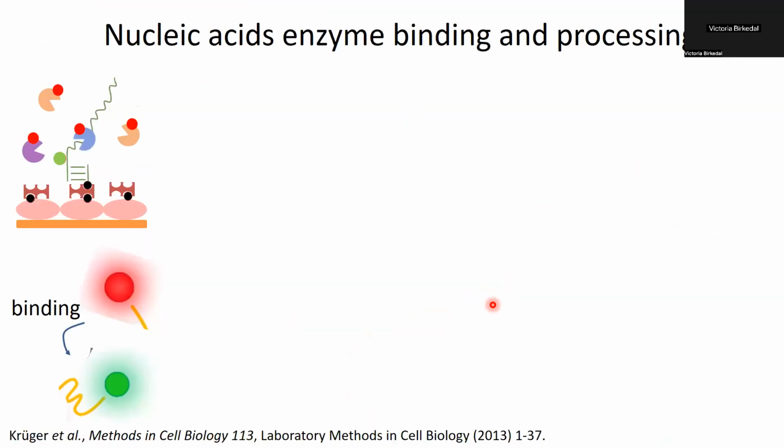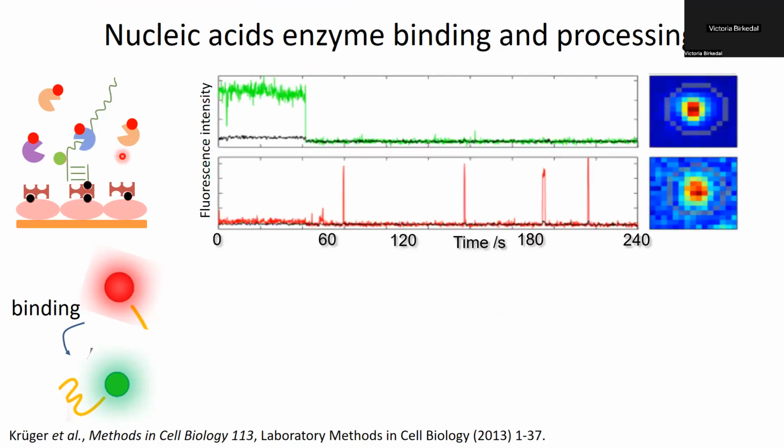So these are for folding. And then using the same method, we can also look at interactions with proteins. And here we have proteins that are labeled. So we can see that this protein has found the DNA and then binds very shortly.